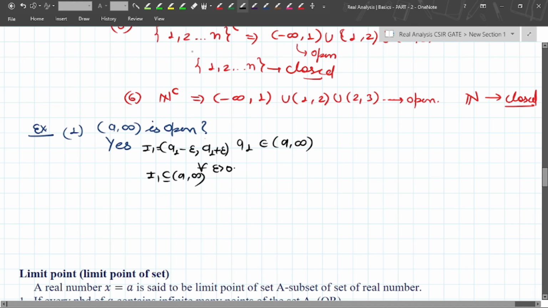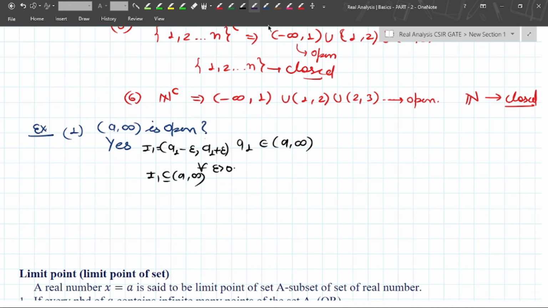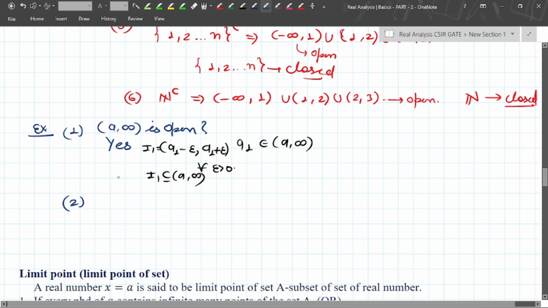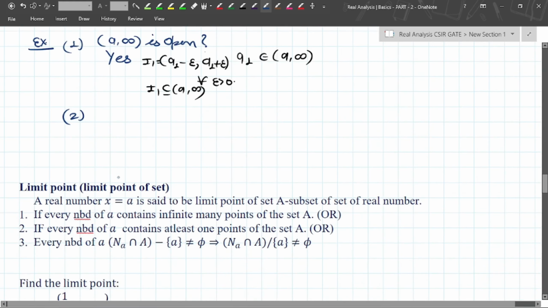Similarly, if we have one more example we can take: (a, b) intersection Q. What is that? It is my open set, but intersected with what? The closed. It is not open as it does not contain any open set.